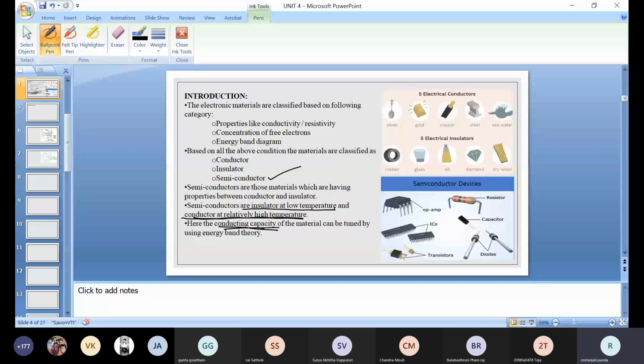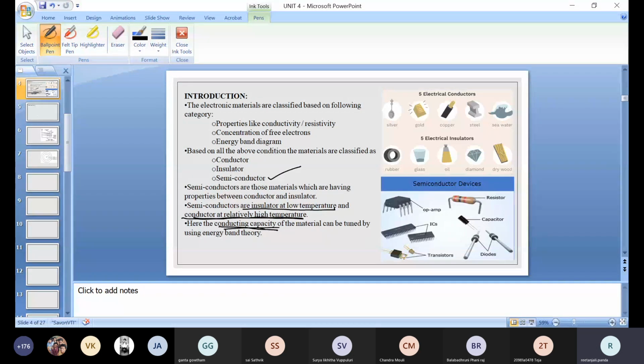Similarly, rubber, glass, oil, diamond, dry wood, plastic, polymers: these are all insulators. They do not let the current pass through at normal temperature. If we consider very high temperature, then these insulators also act as conductors.